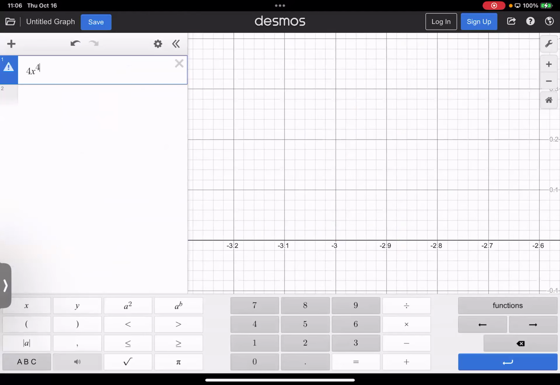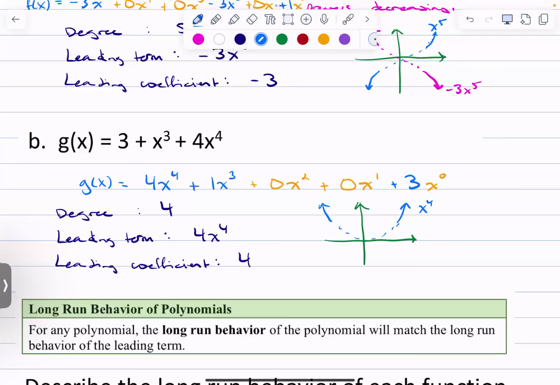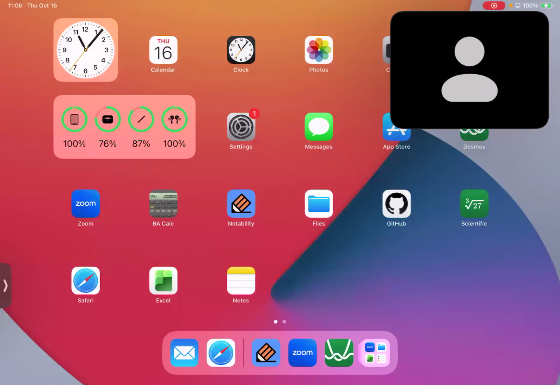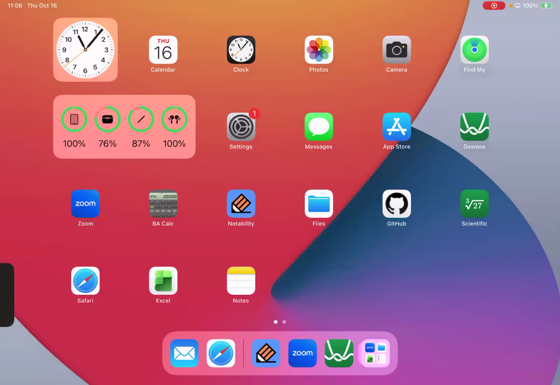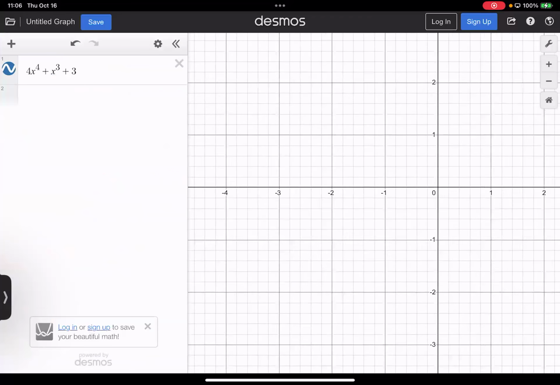4x to the power of 4, step it down, plus, is it 3? No, just x to the 3 plus 3. Oops. Oh boy, I'm all over the map. X to the power of 3 and then plus 3. Where is it?